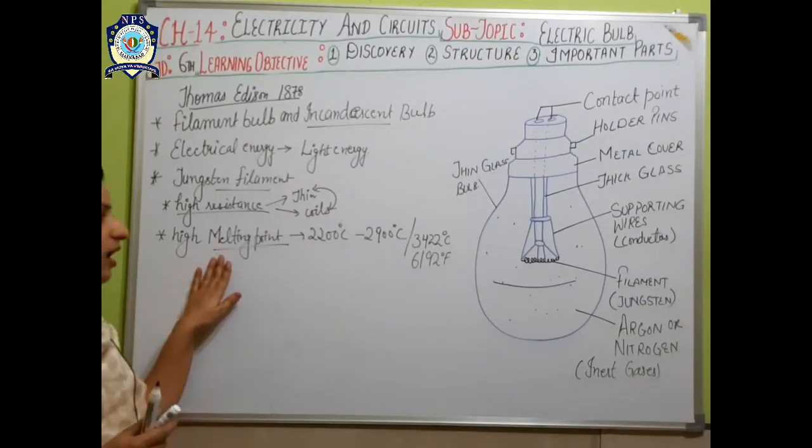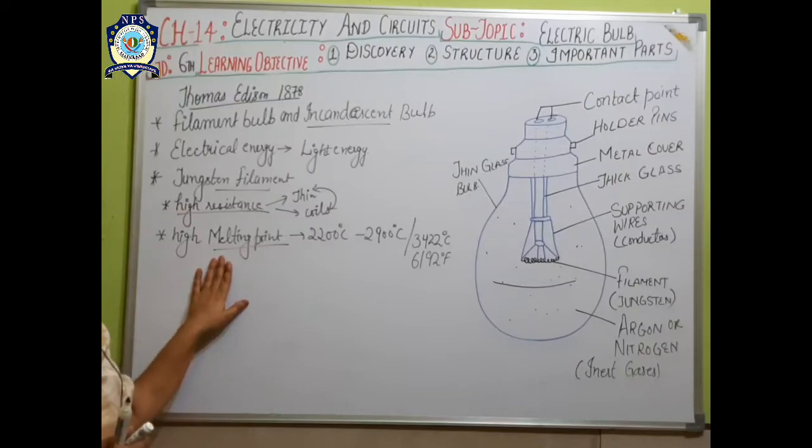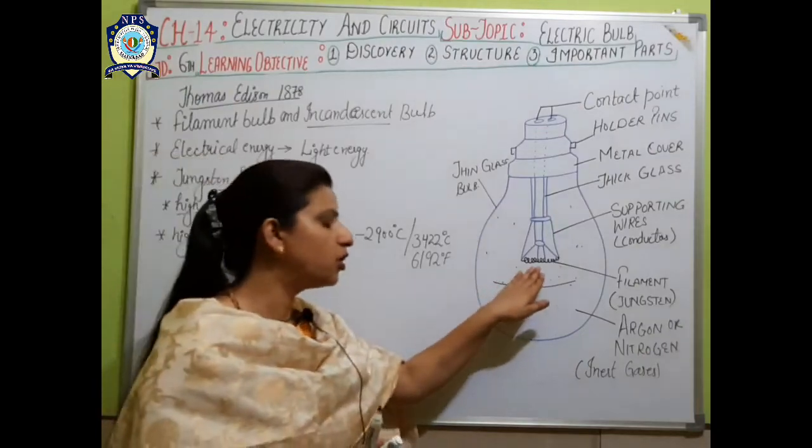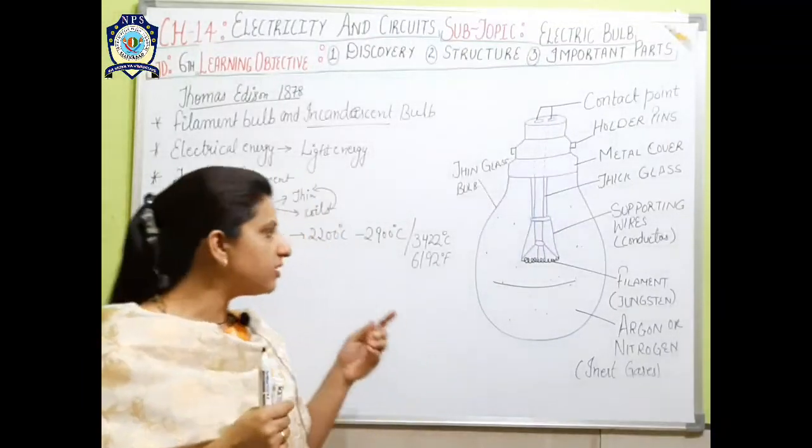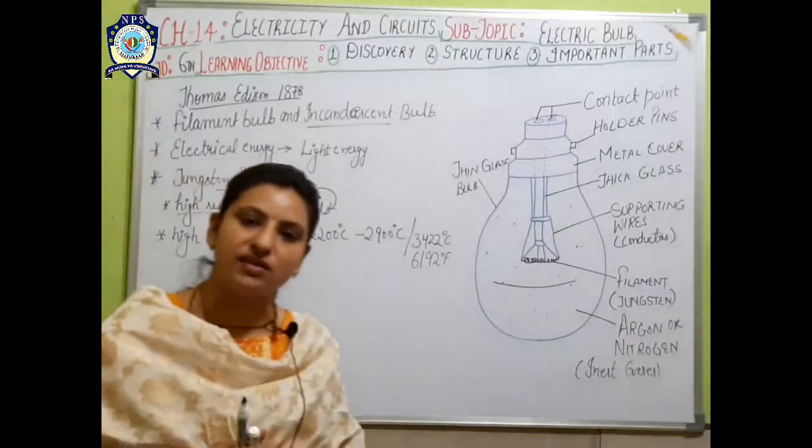So this is the highest melting point, and that's why we use tungsten here, because when a very high amount of electric current passes through it, it does not melt due to this high melting point.